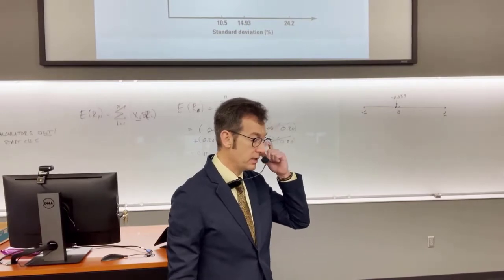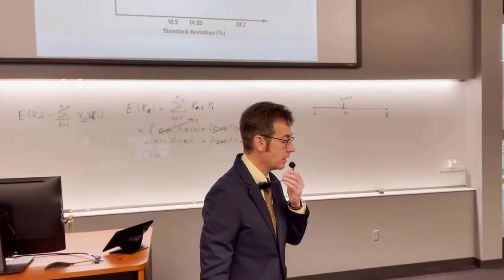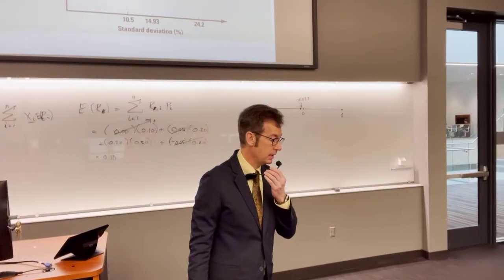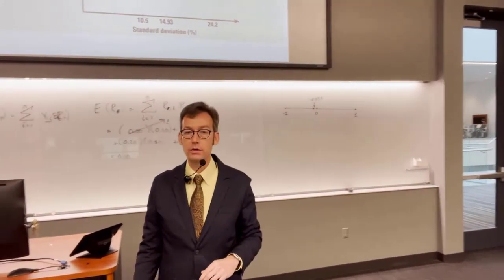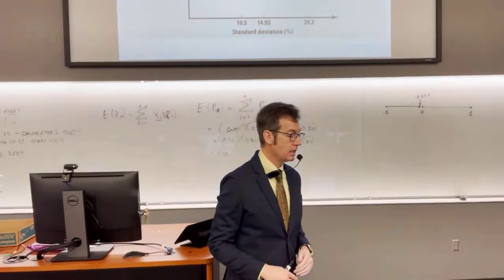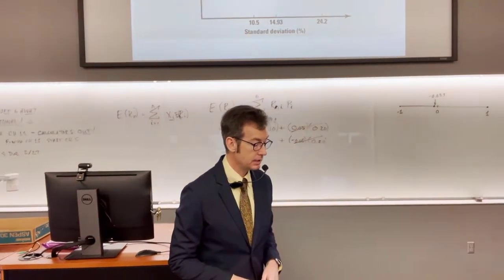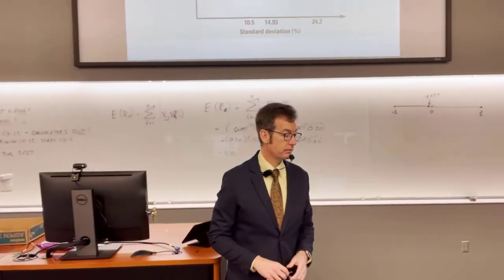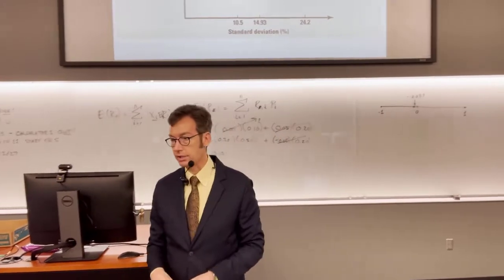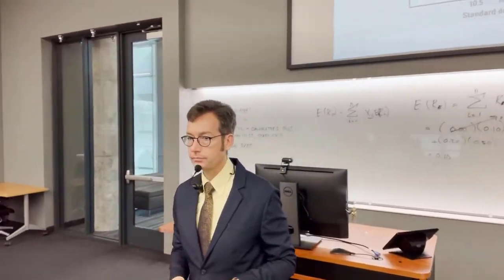And we have plotted on there Slowpoke, which we said had an expected return of 10% and a standard deviation of 10.5%. That's how we got its location. And then we also have Supertech at an expected return of 15% and a standard deviation of returns at 24.2%. So that's how we got those two red dots.